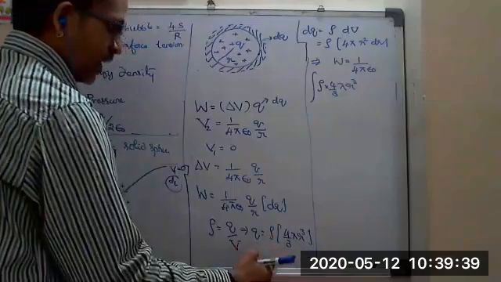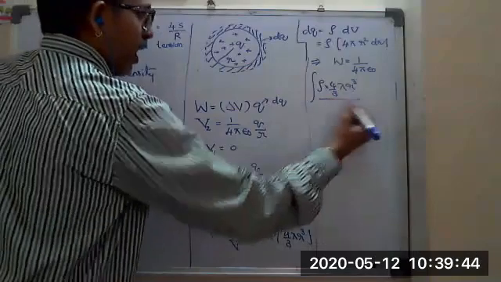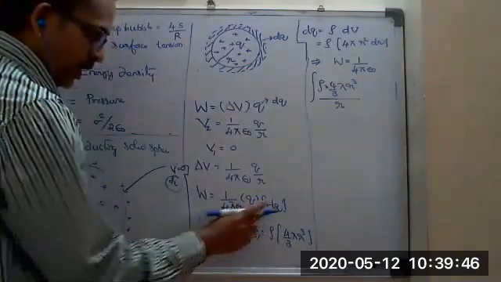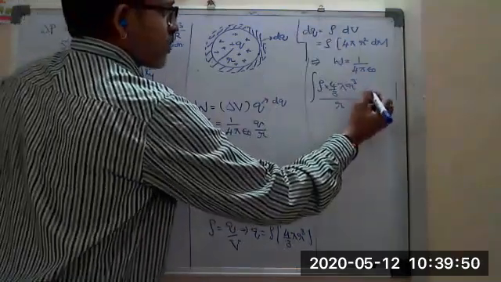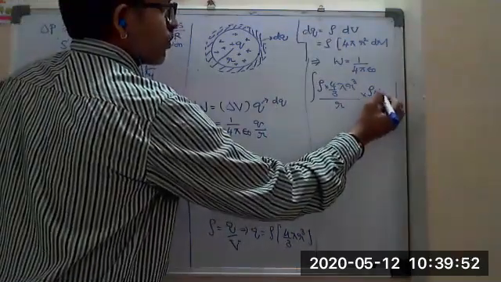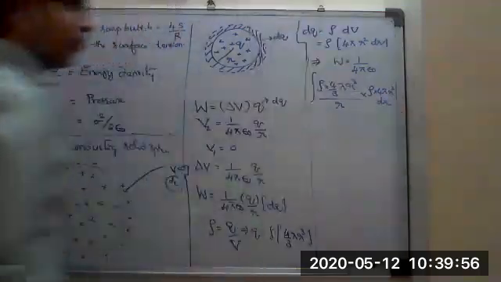Okay, this part is over. Rho Q part by r, into dq. dq, whatever I got here, I substitute: rho into 4 pi r square into dr.